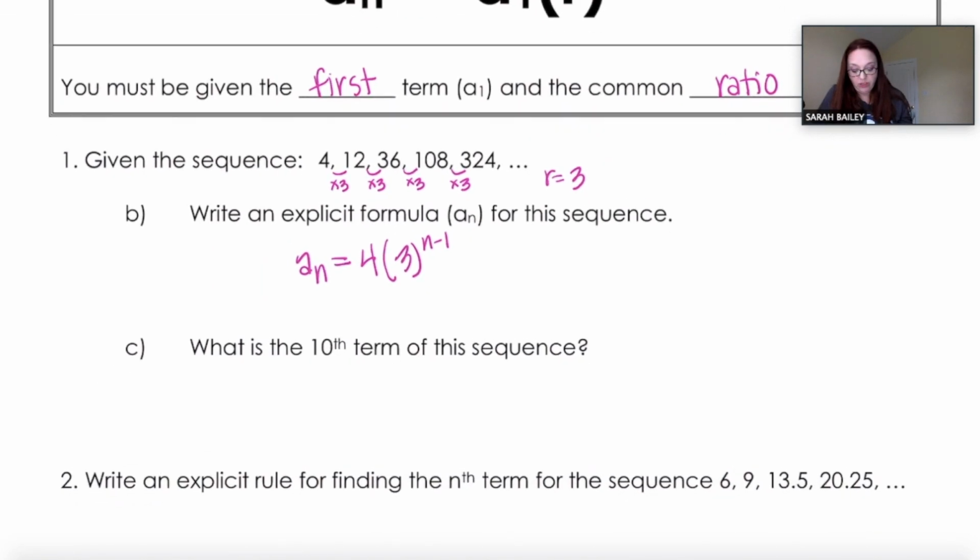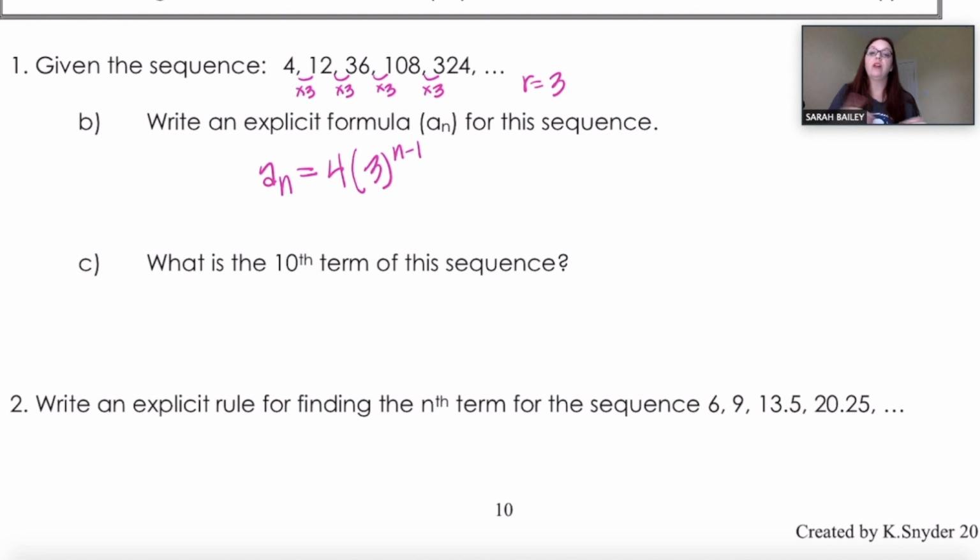Now we can use that explicit formula to come up with any particular term in the sequence. In this case, part C is asking what's the 10th term? So what is a sub 10? It'd be 4 times 3 to the 10 minus 1 power, or 4 times 3 to the 9th power. If you're typing this into your calculator, the first thing you need to do is figure out what is 3 to the 9th power.